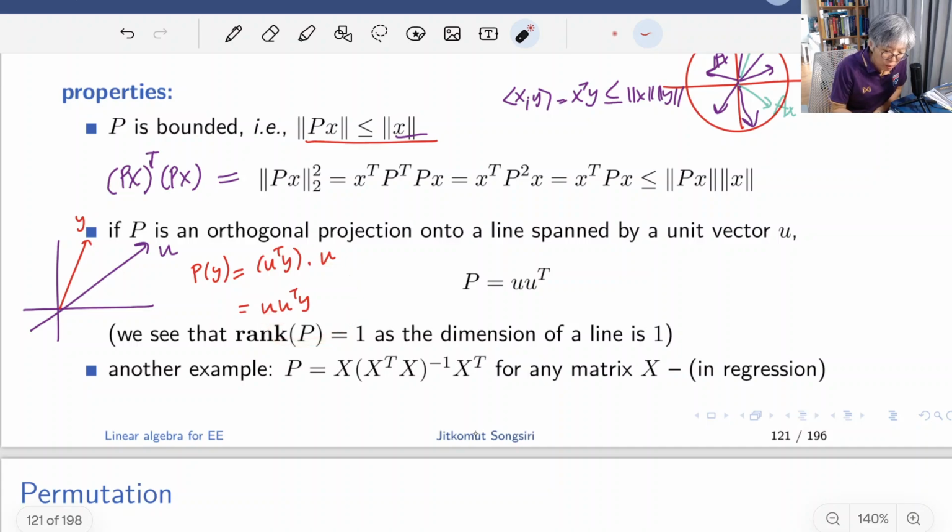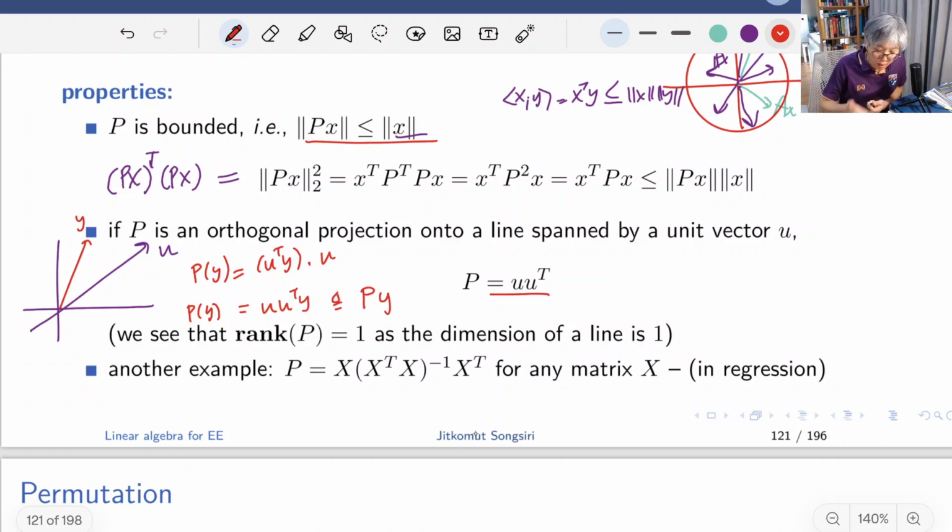Then it gives you a form that the orthogonal projection of a vector onto a unit norm vector is u u transpose y. So it looks like you apply some matrix P on y, and that is the orthogonal projection matrix.